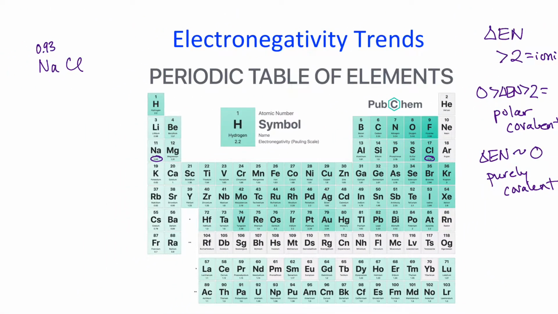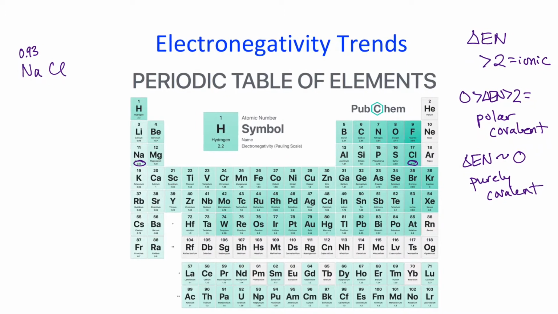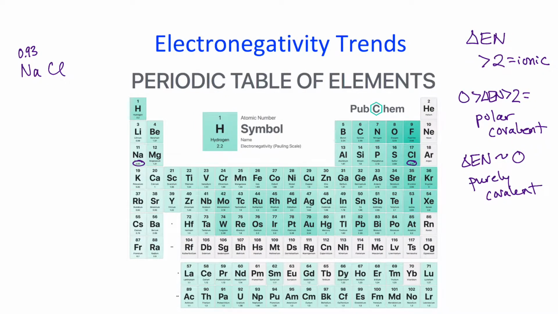Let's see if we can predict that we'll have an ionic compound, like we've already said. The difference in electronegativity for sodium chloride is 2.23, so clearly greater than 2. So we know that it is going to fall under our ionic category.